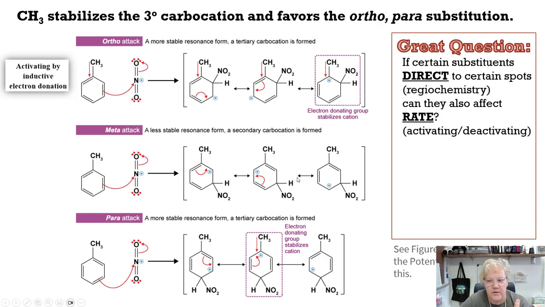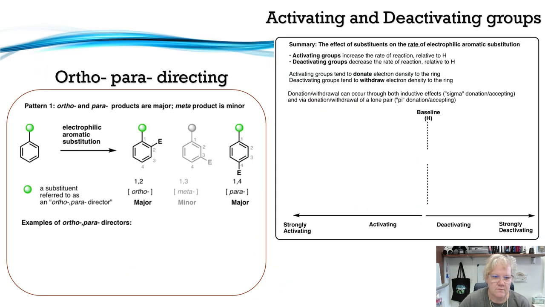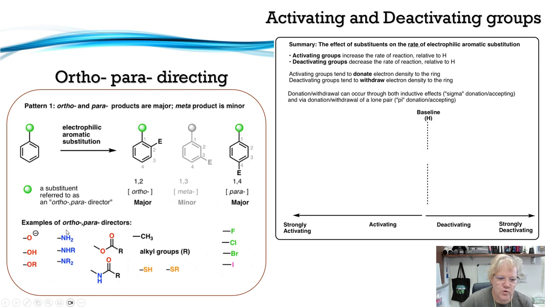Great question: if certain substituents direct to certain spots, can they also affect the rates? Yes, remember, they can either be activating or deactivating, and they can also be directors. So, activating and deactivating groups. Let's look at these in general, now that we know the idea. Here are examples of ortho-para directors.